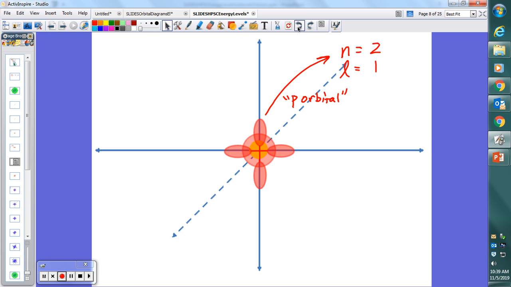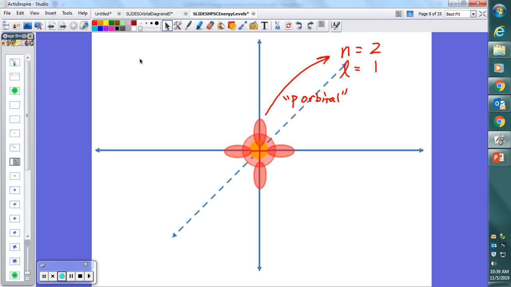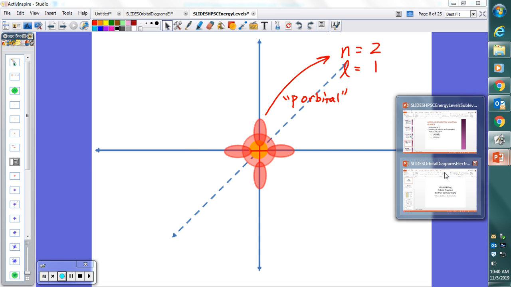But if we're assigning quantum numbers, it's still red, so that means n is equal to 2, and it's hourglass shaped, it's a p orbital, so that means L is still equal to 1. But if you compare the quantum numbers for this orbital with the quantum numbers for this orbital, they look the same. So we have to find a way to distinguish these two orbitals from each other.